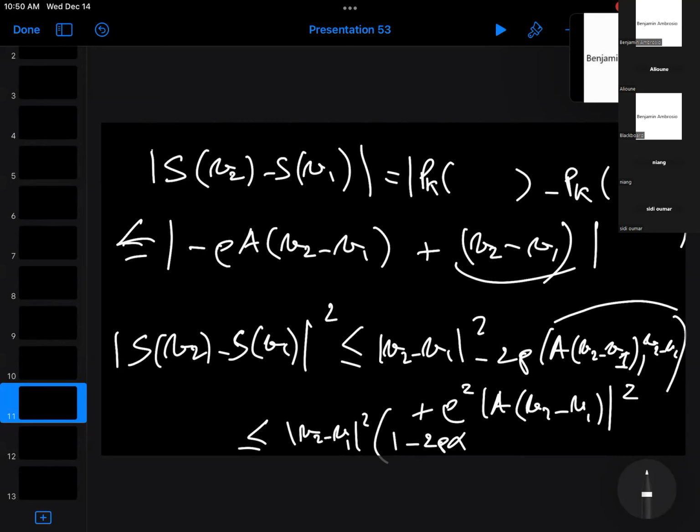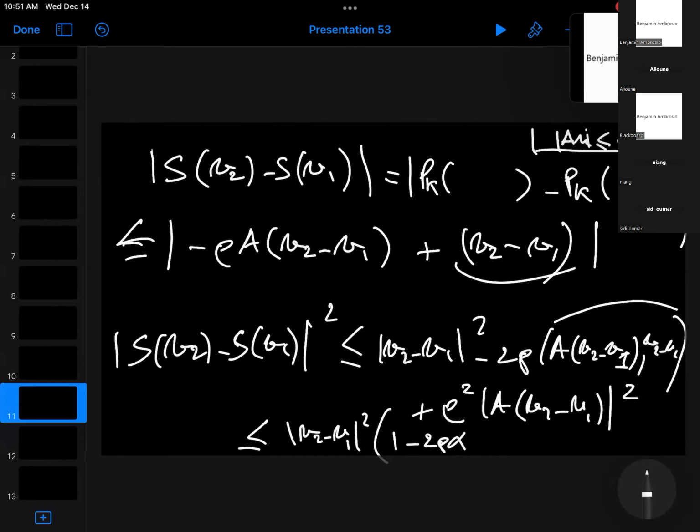And here I use the fact that you can prove, again, this comes from the property of my bilinear form A, that for all u in H you have this inequality.